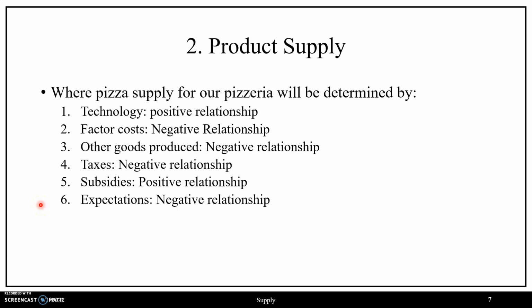Sixth, we have expectations, and as we saw with consumers and demand, what firms perceive to be in the future could affect their decisions today, where we would expect the expected future price of their goods and services to be negatively related to their decisions today. For example, suppose that the national pizza chains decided that they're going to have a sale in the future.